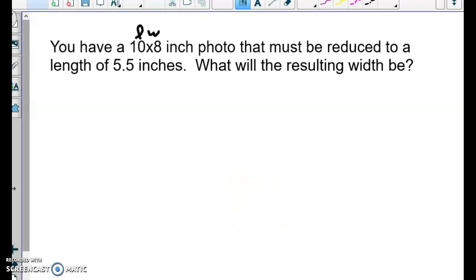If I have a 10 by 8 photo that must be reduced to a length of 5.5 inches, what will the resulting width be? So if I know length to width, I'm going to write it this way out front, so you guys see that I'm continuing to do length as to width as length as to width.